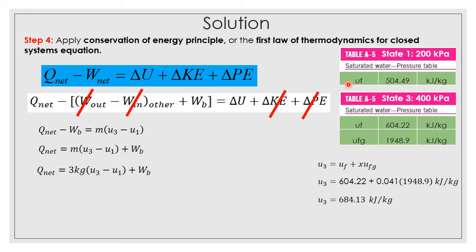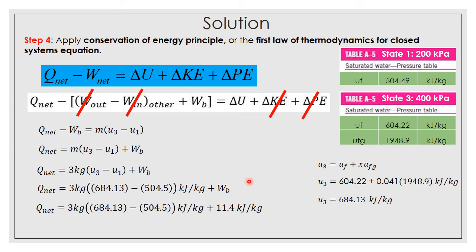Then insert all this information: 684.13, 504.5, which we already calculated previously, and the boundary work of 11.4 kilojoule. Then we do the calculation, and finally we get Q net equal to 550.2 kilojoule.